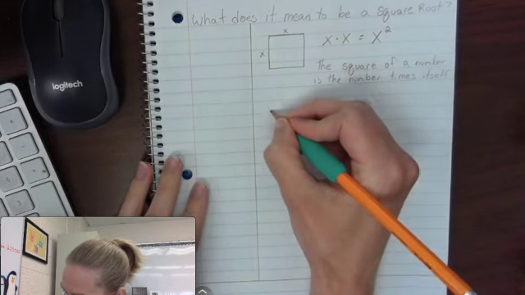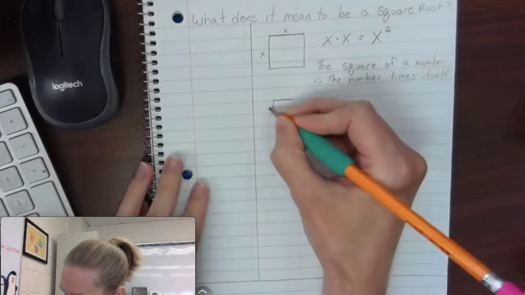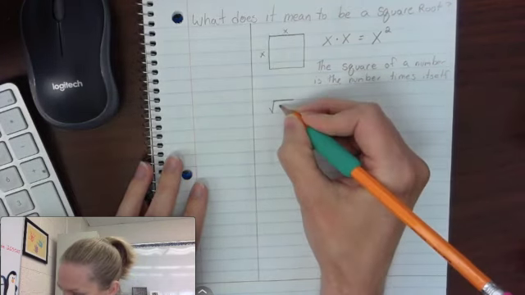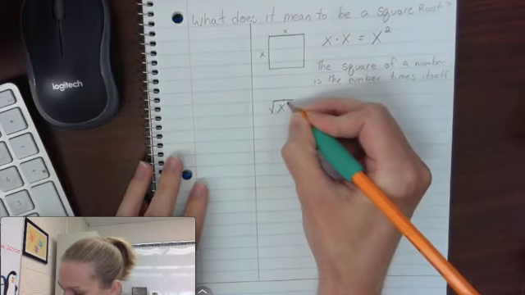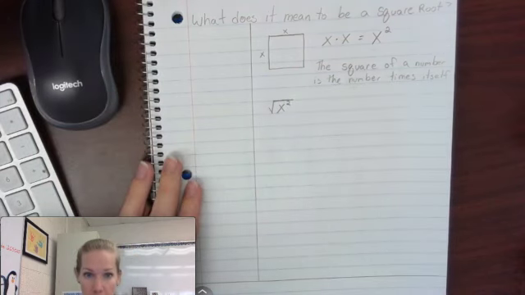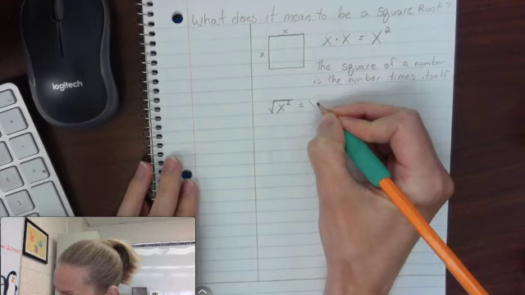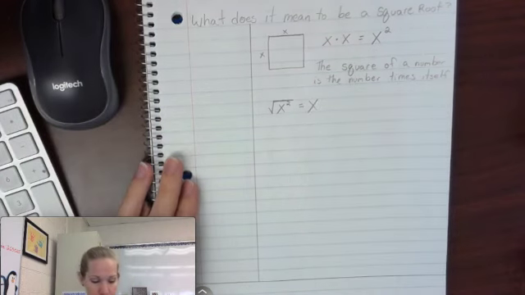So in your notes, I want you to put, this is the square root symbol. And if we take the square root of x squared, we are going to get x.